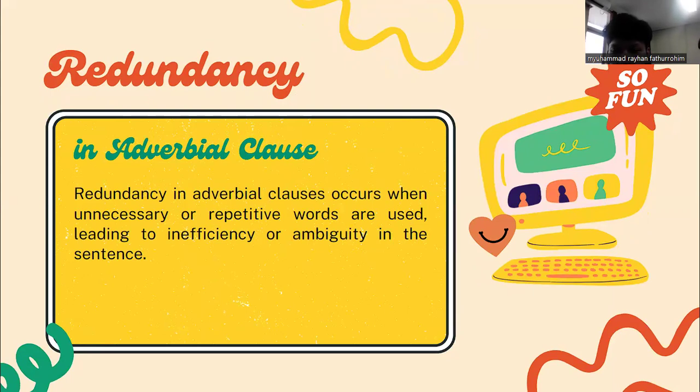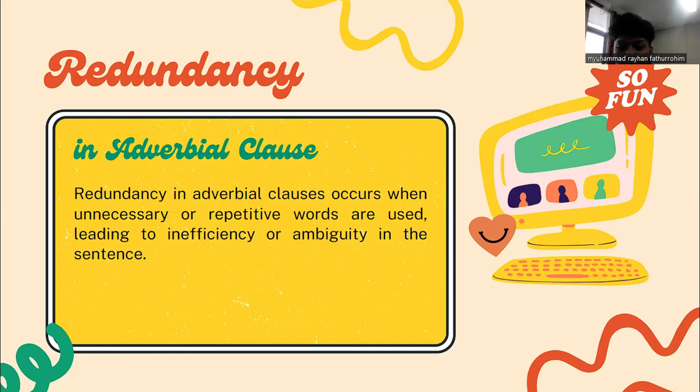We have some definitions according to experts for this. I have according to Azar 2002, and I'm going to explain about reduction. Reduction is a shortening of sentences with the same meaning and can occur in adverbial clauses and adjective clauses.